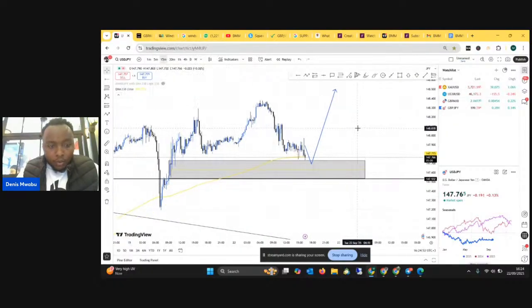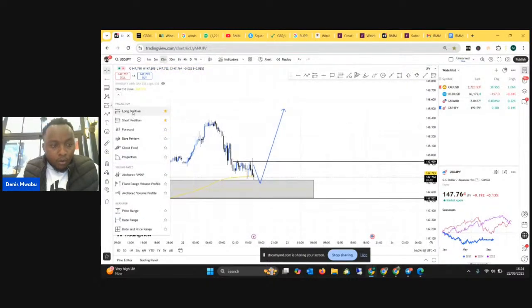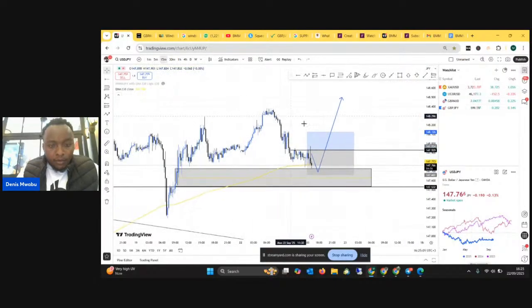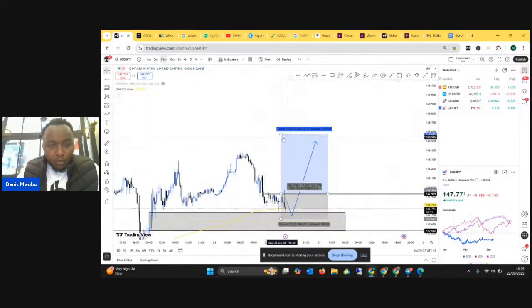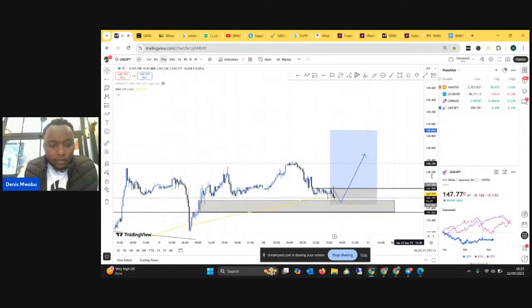With this one, I'll be eyeing buys, and I'll be waiting for a buy signal from BMM at around this area, so that we can have our stop losses here. When you have that, that will be a very good buy to the upside.